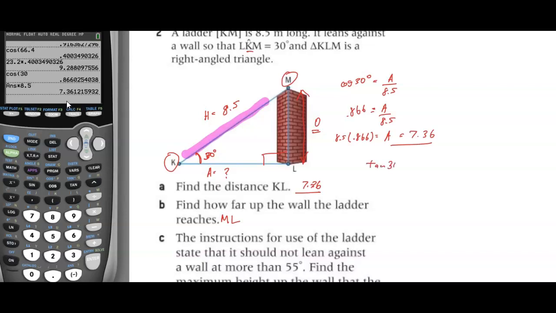Tangent of 30 degrees equals the opposite divided by the adjacent. And the adjacent, remember, is 7.36 from part A. Tangent of 30 is 0.577 equals the opposite divided by 7.36.